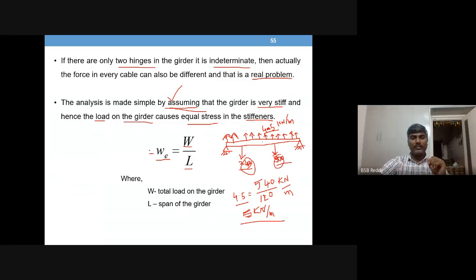So Q naught is the notation we used for the three-hinged girder. Here that is not the actual value we are finding, so we are renaming it as equivalent UDL.